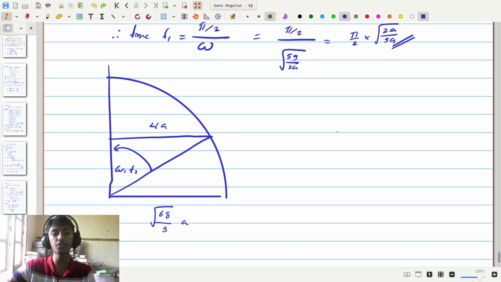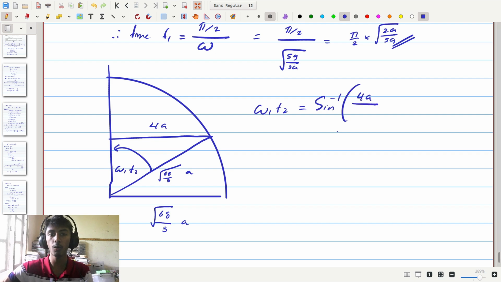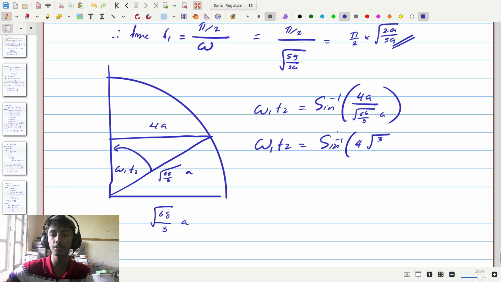Since the hypotenuse here is equal to the radius, square root of 68 over 3 times a, and this side here is 4a, and this angle is opposite of that side, we can say that the angle omega 1 t2 is the sine inverse of 4a over square root of 68 over 3 a, which you can simplify to 4 over the square root of 68 over 3, or 4 times the square root of 3 over 68.